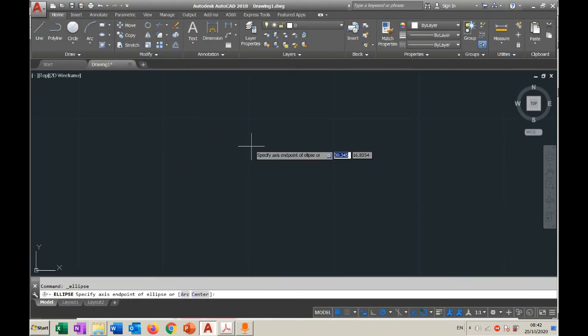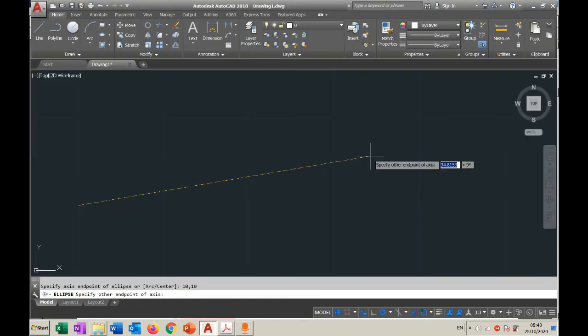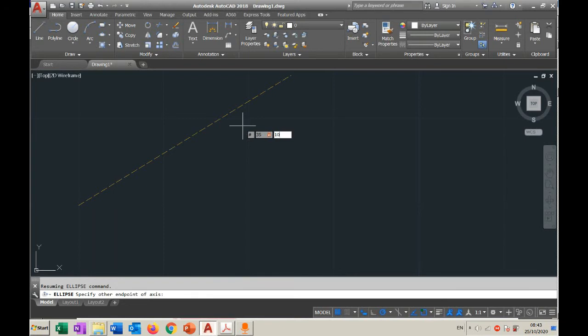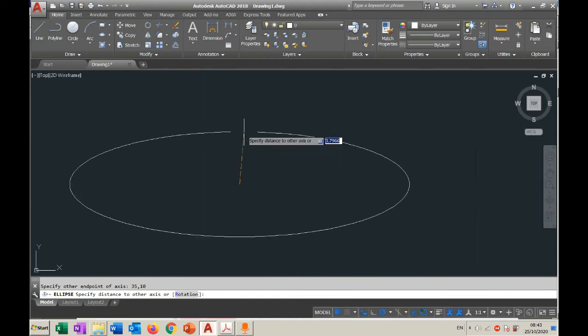Axis end, we'll start with 10, 10. Now, do we have the other endpoint? Yes, we have it, which is 35, 10. We're going to use hashtag. The direction doesn't matter. You leave it like this, it doesn't matter, because we have the coordinate. Hashtag 35, 10. Hit enter. Now, it will ask you to specify distance to other axis.